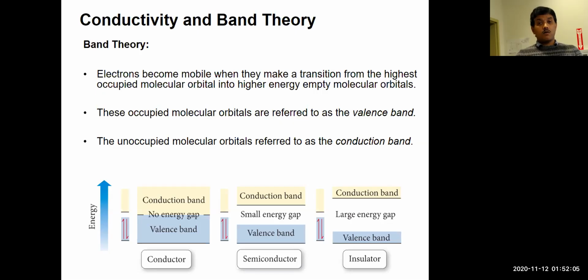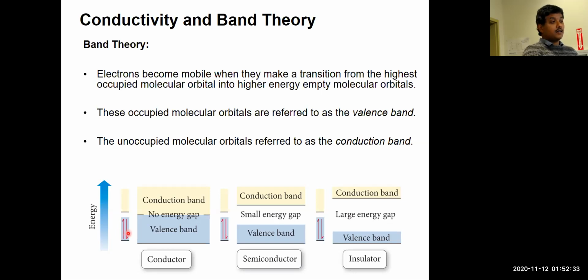What decides whether an atom or molecule is conductive enough or not, a semiconductor or an insulator, is the difference or distance between the highest occupied molecular orbital and the lowest unoccupied molecular orbital. In your highest occupied molecular orbitals, which you can also call the valence band, you have electrons.